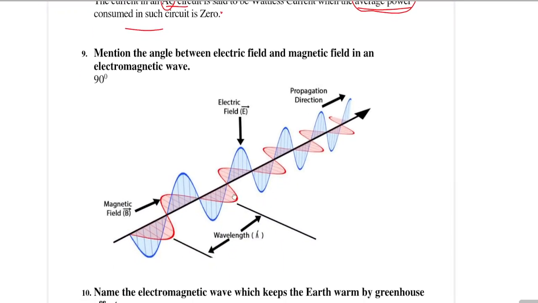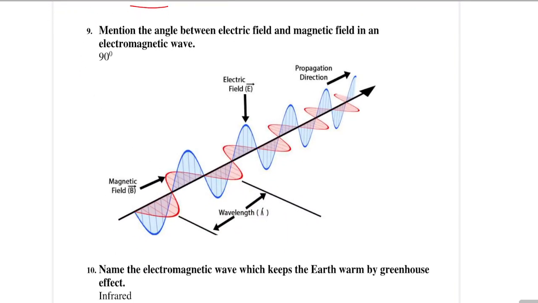Question 9 says, mention the angle between electric field and magnetic field in an electromagnetic wave. The answer is 90 degrees. To show it, there is a diagram representing an electromagnetic wave. There will be two kinds of fields, electric fields and magnetic fields, as seen here.